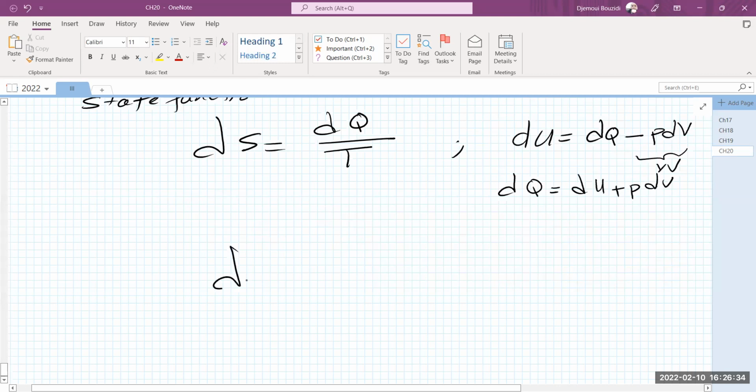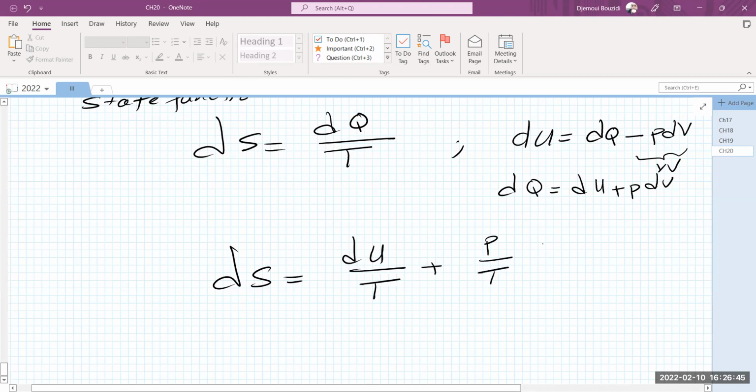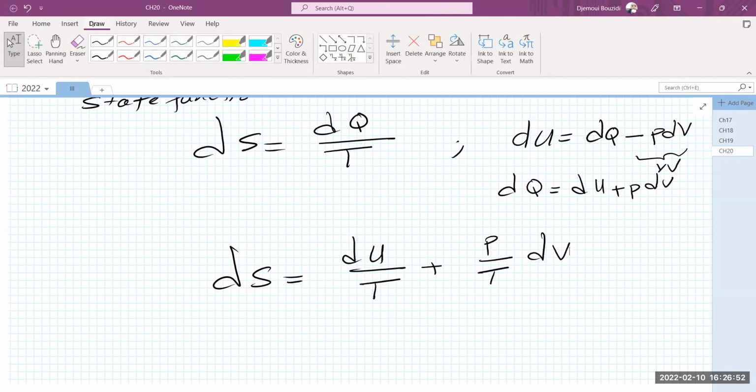So dS now becomes, from this expression, I sub the value of dQ as dU plus P over T dV. Or let me write it more conveniently.